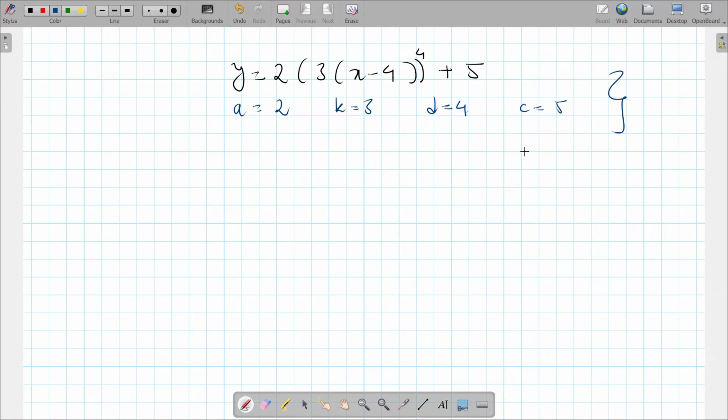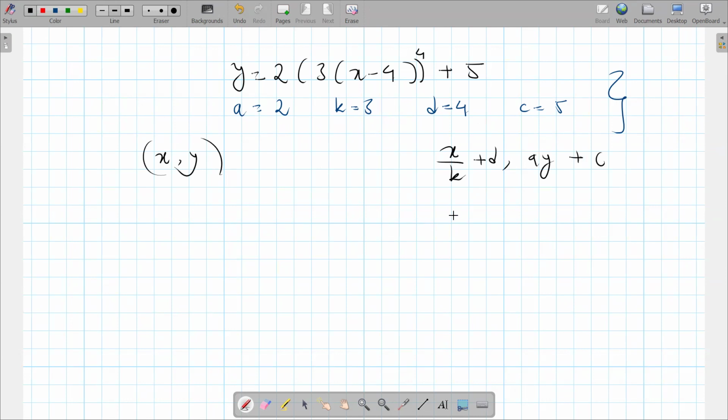If a question gives you a transformation in the proper format as it is, we're obviously going to use the point mapping rule. There's no point trying to open this, trying to find factors and stuff like that. There's no point doing any of that. We're going to use the point mapping rule. What does the point mapping rule say? (x, y) becomes (x over k plus d, ay plus c).